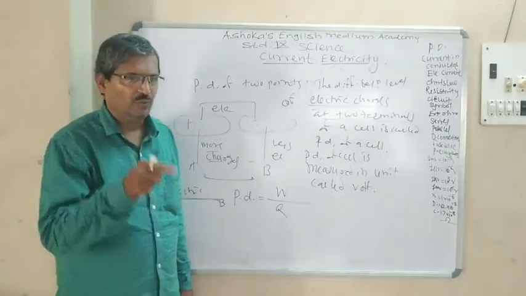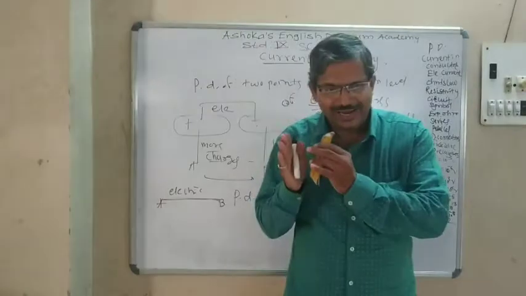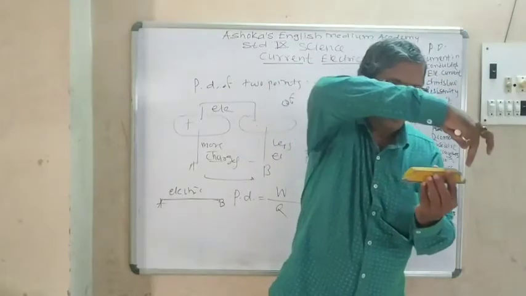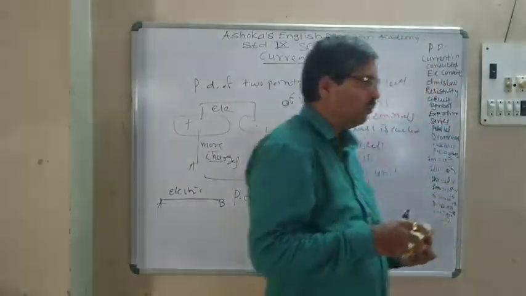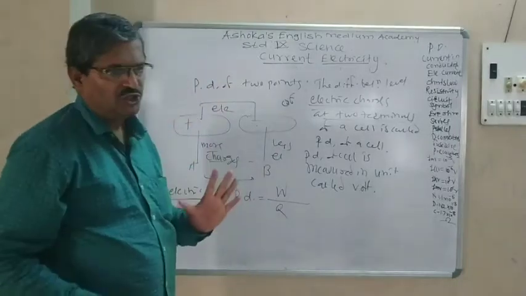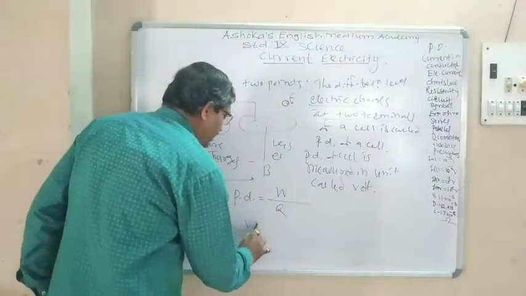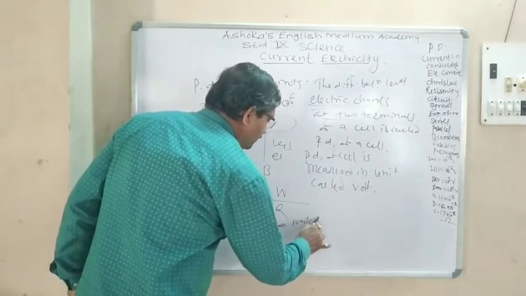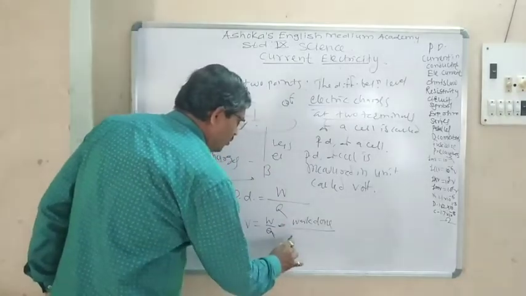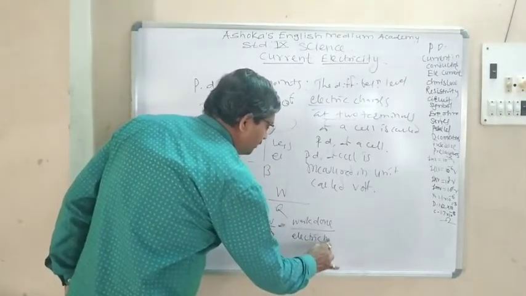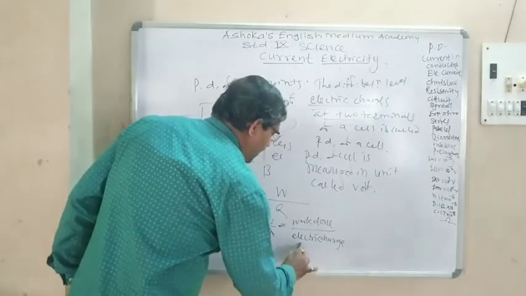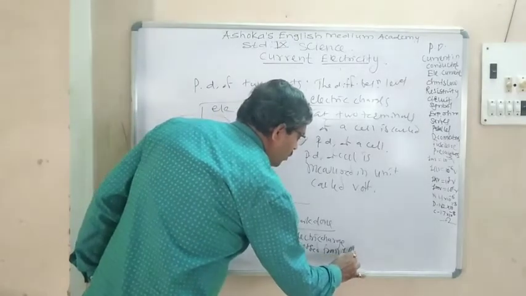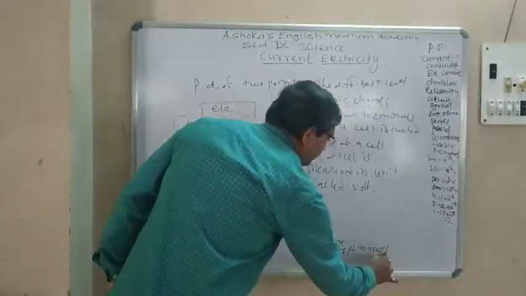So W upon Q is the formula to calculate potential difference. Therefore, V is equal to W upon Q. W stands for work done and Q stands for the electric charge passed from one point to another point.